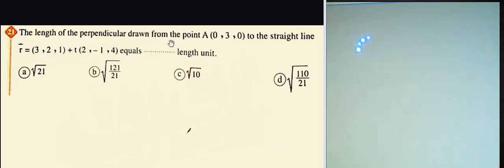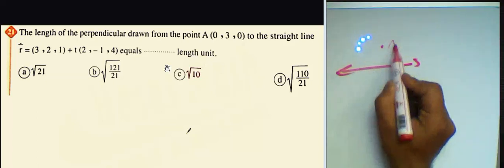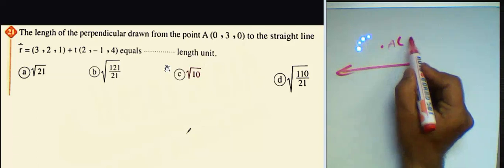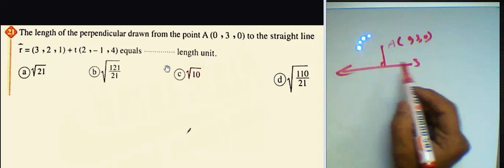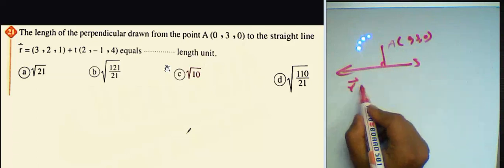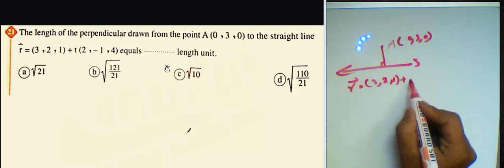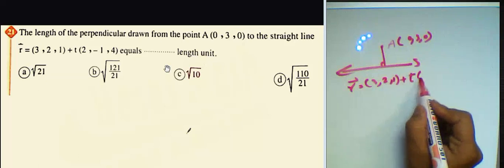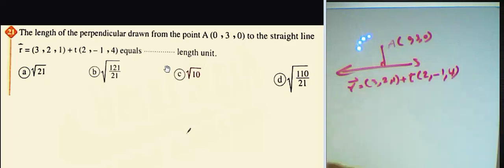Question 21: the length of the perpendicular drawn from the point A to the straight line R equals what length? We want to find the perpendicular length. We have the point A, with coordinates 0, 3, and 0. We want to find the perpendicular length to the straight line R equals (3, 2, 1) plus T multiplication by (2, -1, 4).